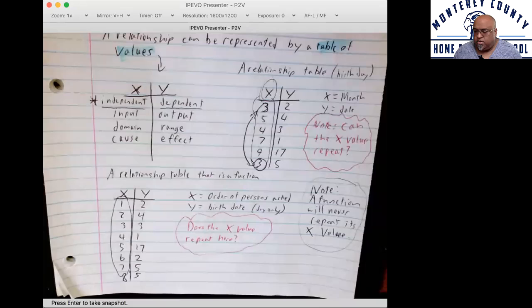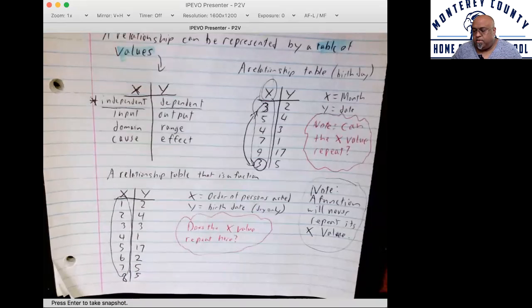That's not what that means. It means the seventh person that I asked the question to was born on the fifth day of a given month. The eighth person, who may be the twin to the seventh person, was also born on the fifth day of a given month. On this particular one, it doesn't say what the month is. It just says what the date is.